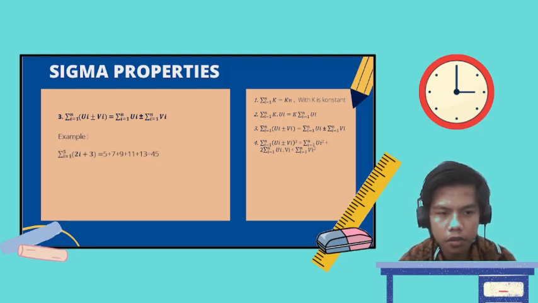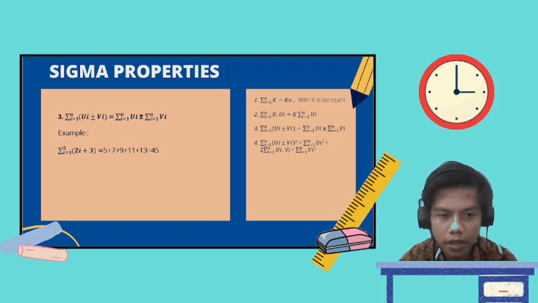For the example question, sigma i equals 1 to 5 of (2 times i plus 3), and we solve it with 5 plus 7 plus 9 plus 11 plus 13, and the result is 45.